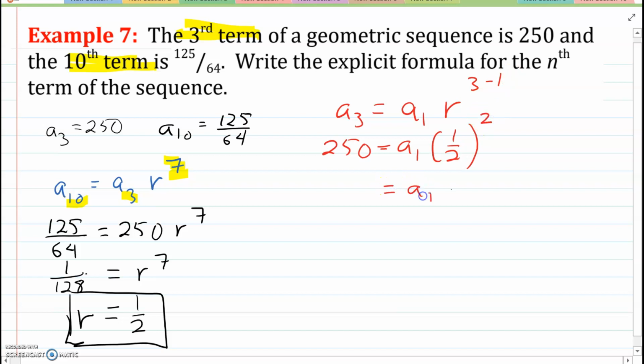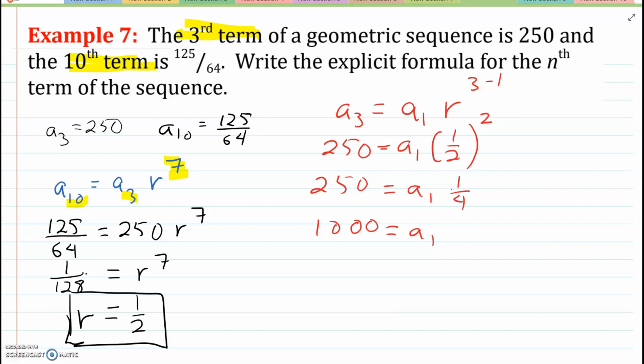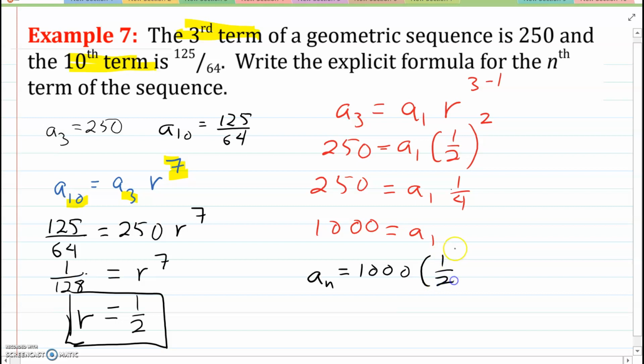And so I end up with a sub 1 times 1/4 equals 250. So a sub 1 is going to be 1,000. And now the expression for this is going to be a sub n equals 1,000 times 1/2 to the n minus 1. Okay, cool there?